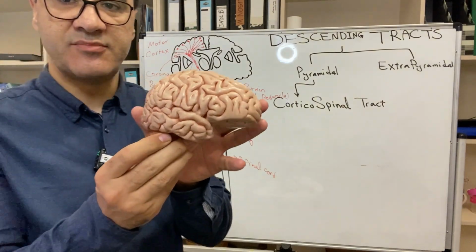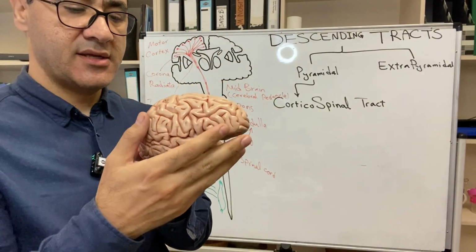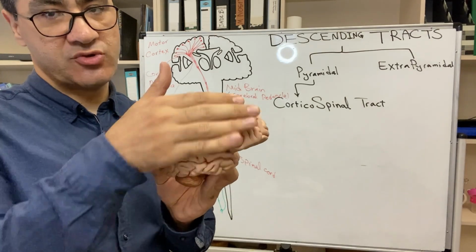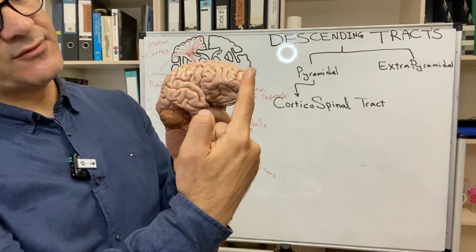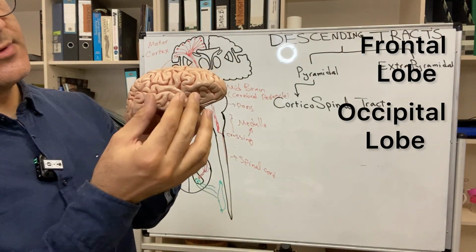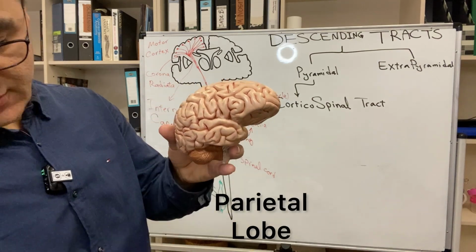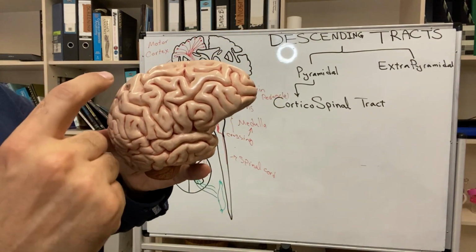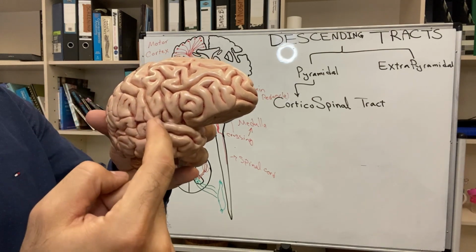This model is the brain, so you can see the brain from the lateral side. So this is the superolateral surface, and here is the frontal lobe. It is called occipital lobe, temporal, and at the top we have parietal lobe. If you look precisely, here we have a depression, it's called central sulcus.